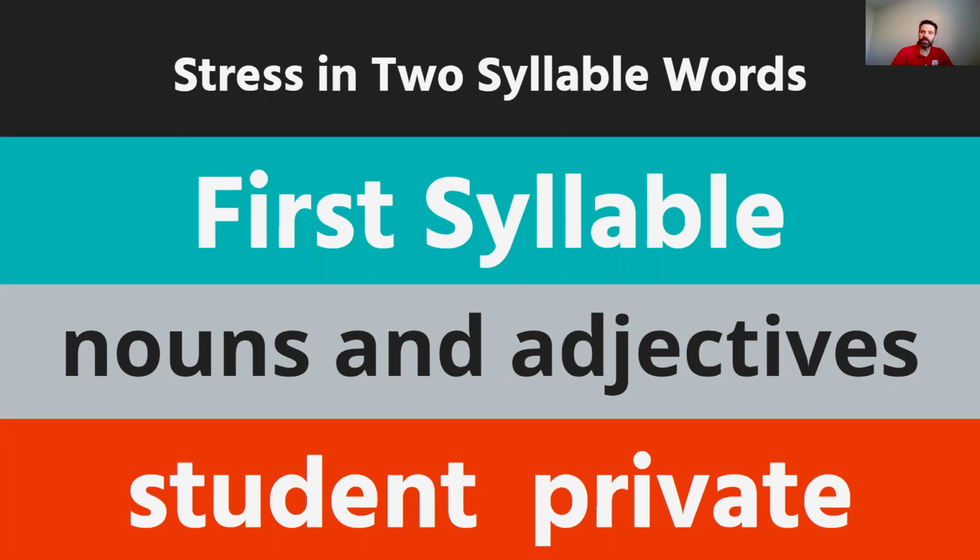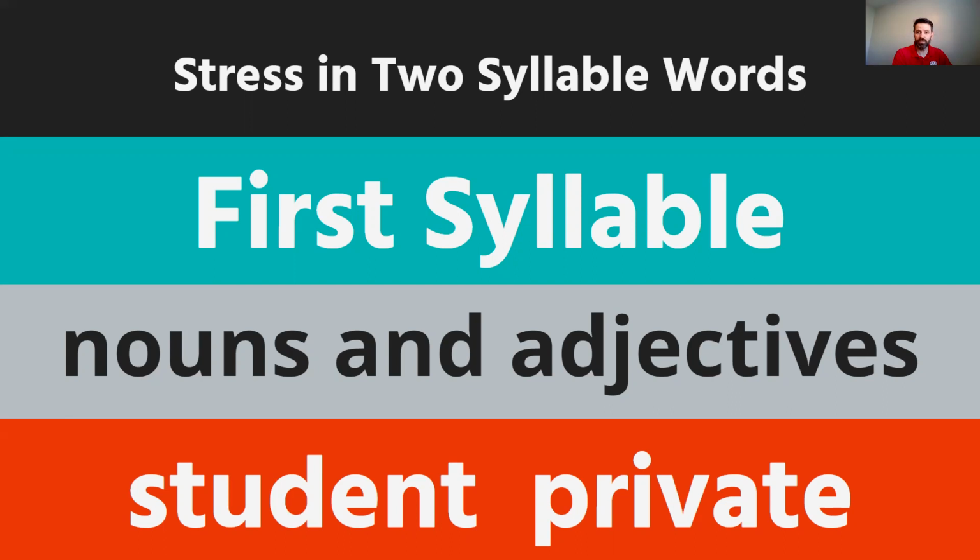And so this first one is when we have a 2-syllable word, then if it is a noun or an adjective, it is likely to put the stress on the first syllable. So for example, student. Stu gets the first stress. The second syllable gets the schwa sound.